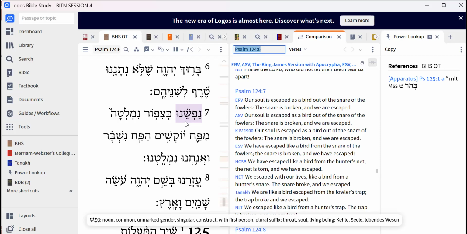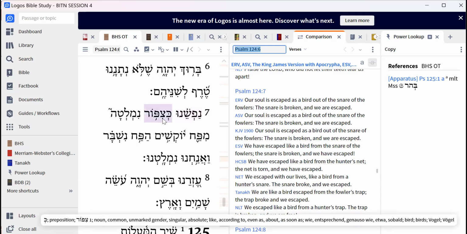Man is a living soul, so to say. But sometimes in terms of grammar and usage, the word soul could just stand for the pronoun I or we. And that's what is happening here. That's why some versions use our soul and some versions use we. I hope that is clear.